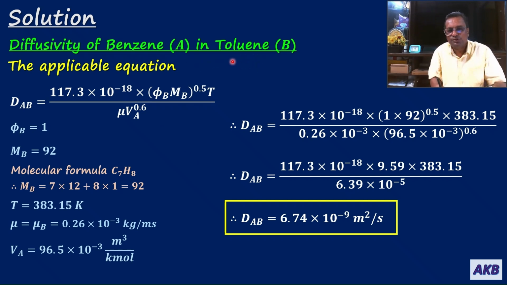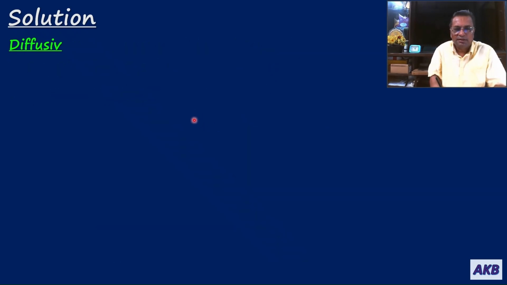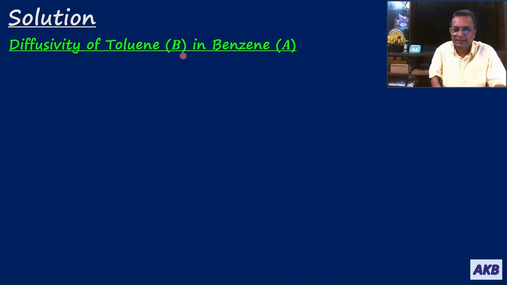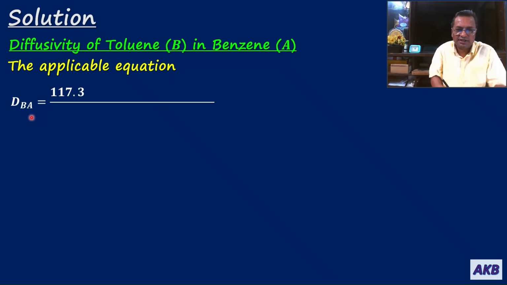Now we will get the diffusion coefficient for toluene in benzene. Let us move ahead. Now the diffusivity or diffusion coefficient of toluene in benzene. The applicable equation we know, the Wilke-Chang equation. Now we are estimating DBA. Accordingly, you will have to make changes in the equation. So DBA will be equal to 117.3 into 10 to the power minus 18.